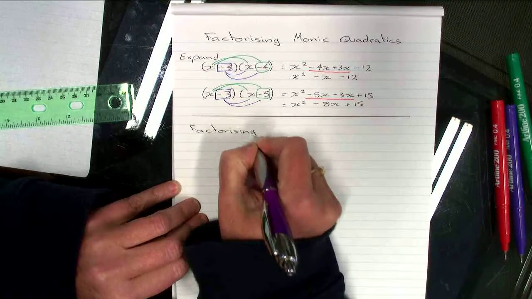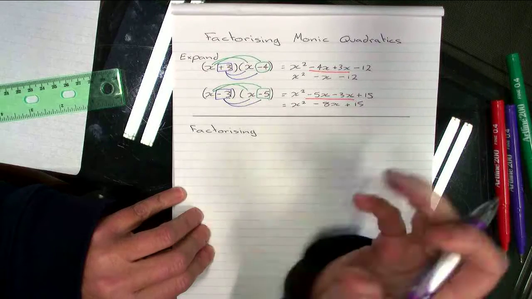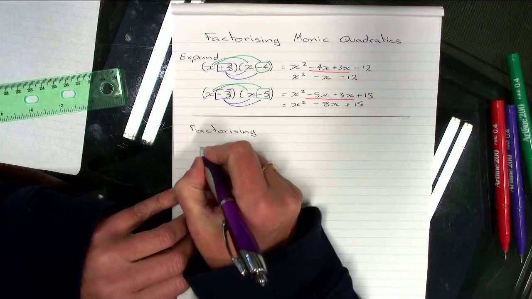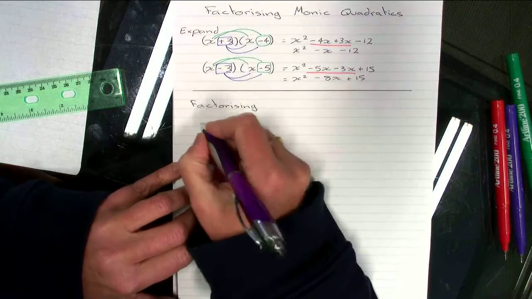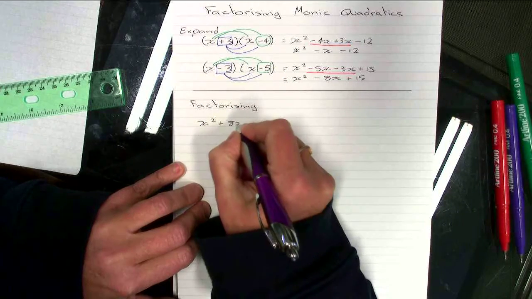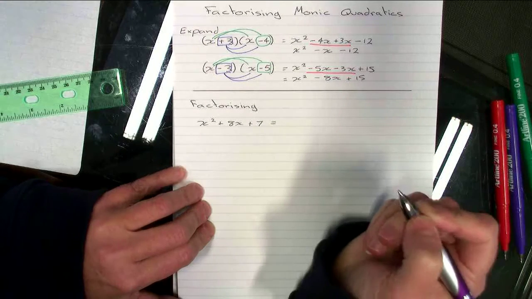So I'm going to go through 4 equations to show you all the different variations of the signs so that we can make some rules about what happens. So if I have my first equation with all pluses in it, which is the one we did in our previous lesson.